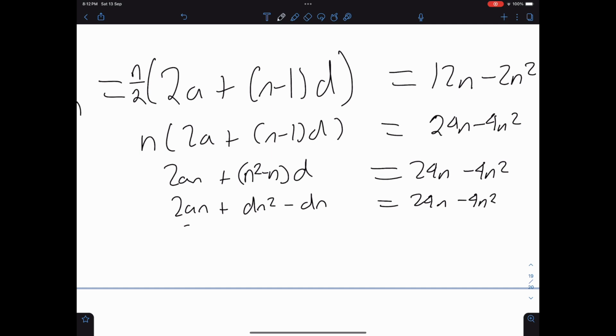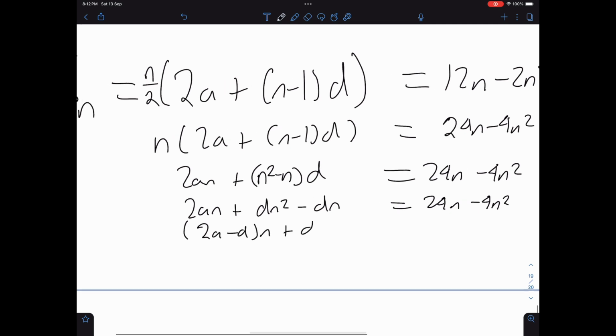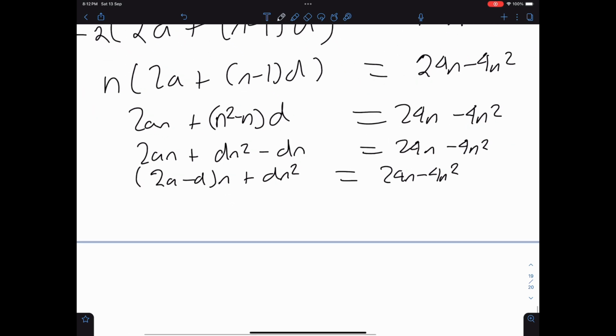So now we get 2a minus d n plus dn squared equals 24n minus 4n squared. And that would tell us that d equals minus 4 and 2a minus d equals 24. So then that would make it 2a plus 4 equals 24, 2a equals 20, and a equals 10.